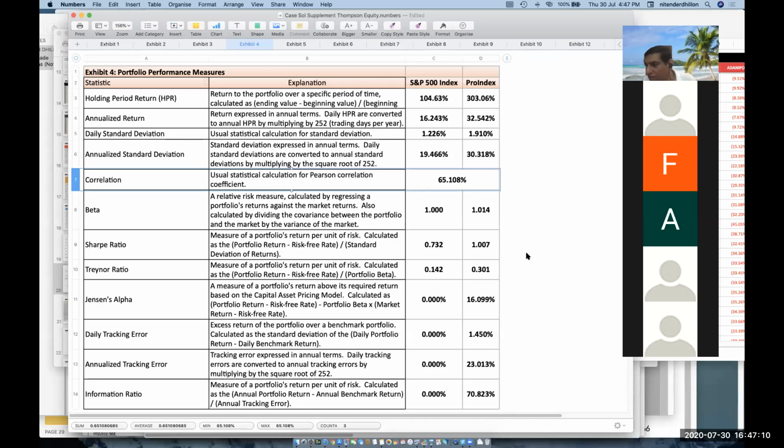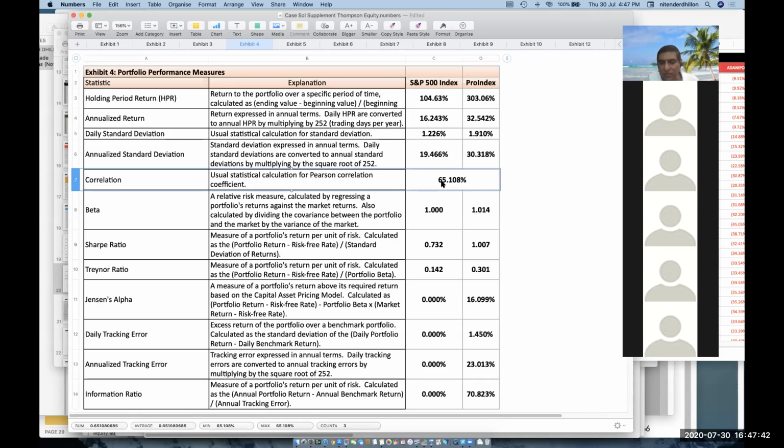Yes sir. No sir, 0.7 is generally considered good, meaning the data is strongly correlated. Correlated with what? Sir, normally in the calculations of correlation... So 65% was calculated against what? Sir, the S&P index. Yes, so 65% means your fund, the Pro Index, has a correlation of roughly 65. It is positive, which means if the index goes up, this will also go up, in the same direction.